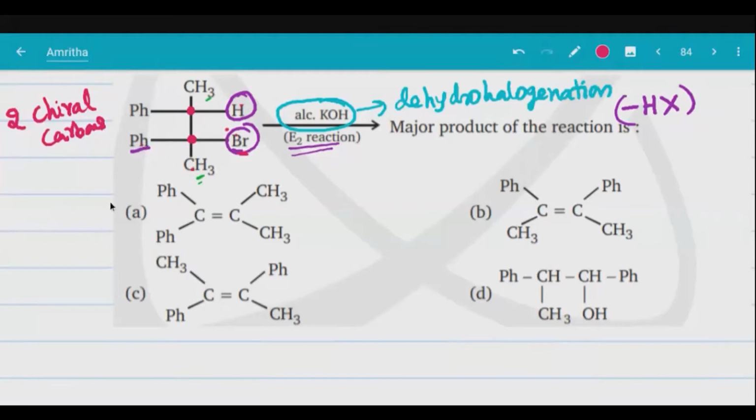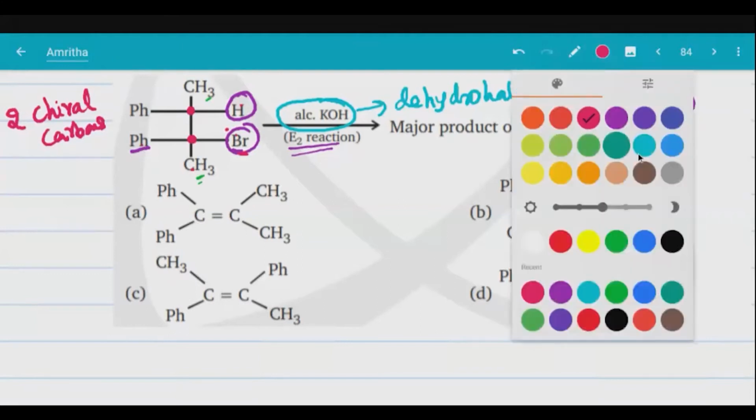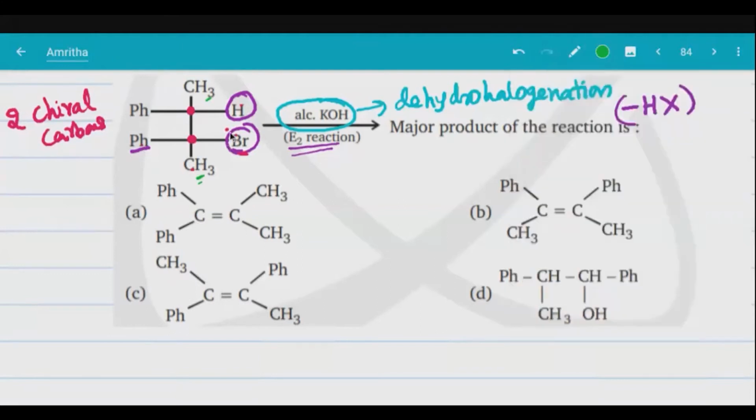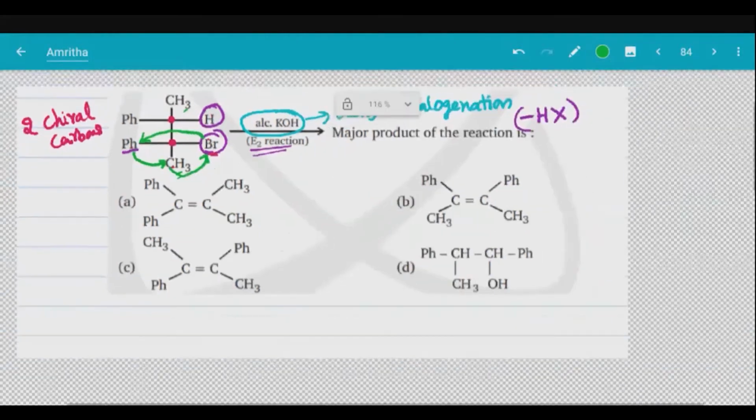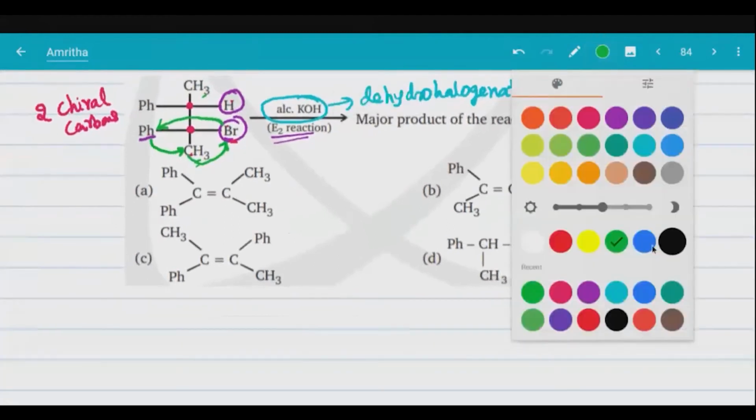Okay, see, do a complete rotation here. What does complete rotation mean? This is a simple trick. Do a complete rotation. Br you bring here, Ph bring here, CH3. See, I'll write this without changing the configuration.